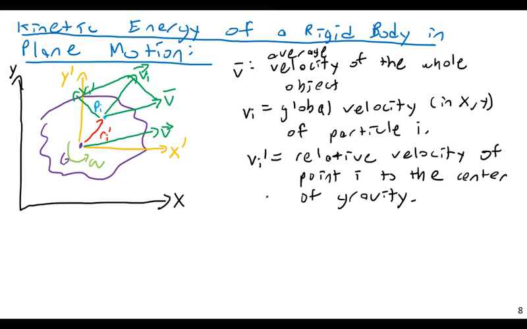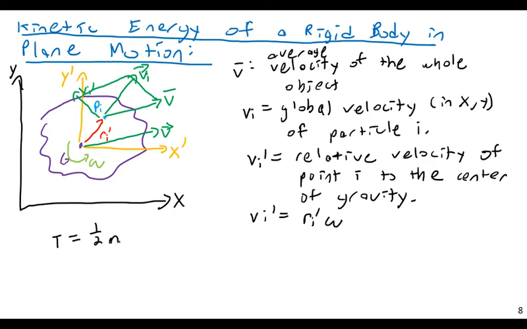Okay, and I could also say that Vi prime could also be expressed as, because we know that there's a certain angular velocity, this relative velocity is going to be in the form of rotation about the centroid. So I could also say that Vi prime is Ri prime omega. Now I could then say T, the kinetic energy, would be this 1/2 m v bar squared.